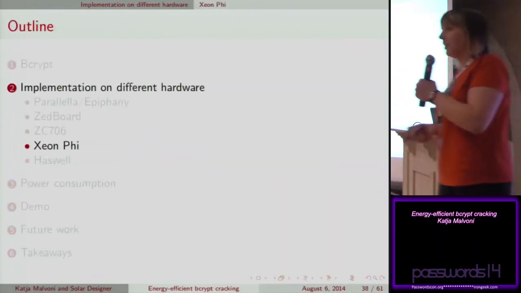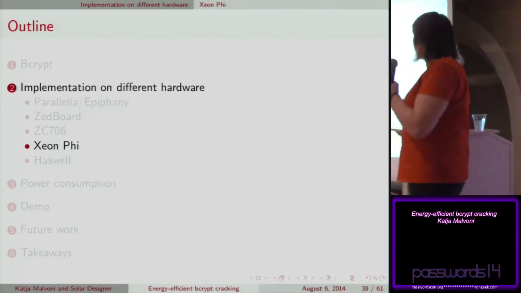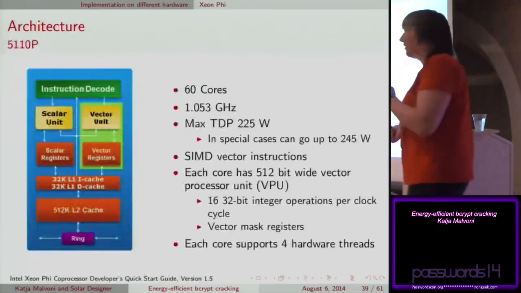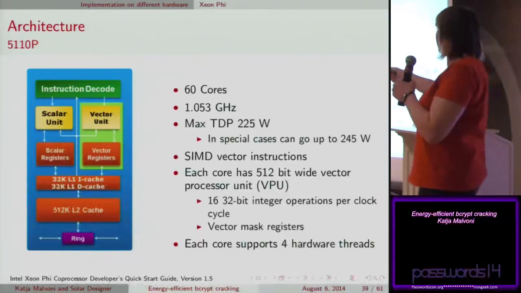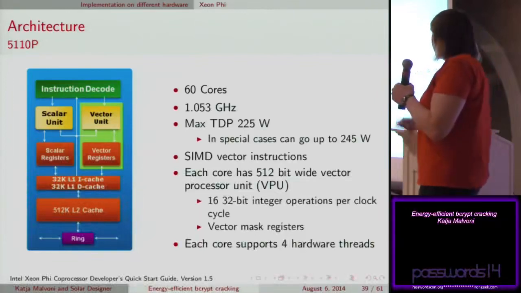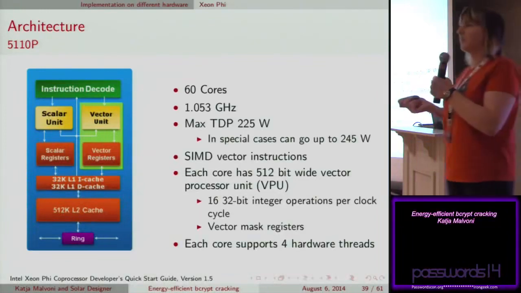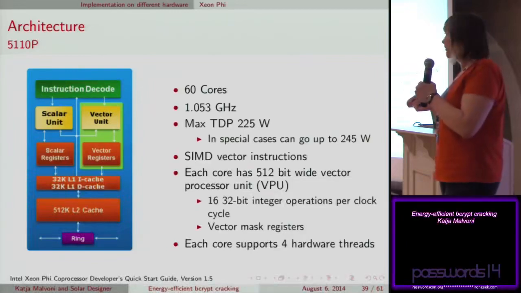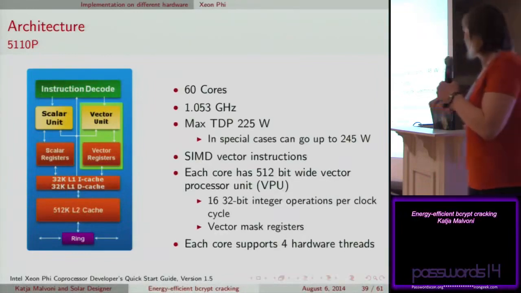So let's see how we're doing with some other architectures that aren't FPGAs and embedded systems. This is Xeon Phi from Intel with 60 cores and really nice vector units. These vector units have 16 32-bit gather loads, which are really promising for bcrypt, because then we can load all values we need from S-boxes in a single clock cycle.